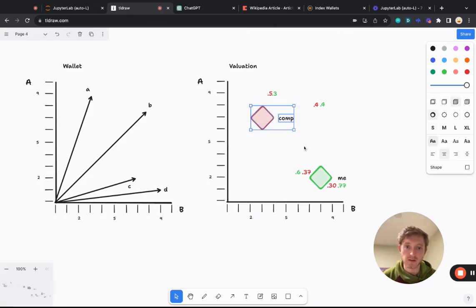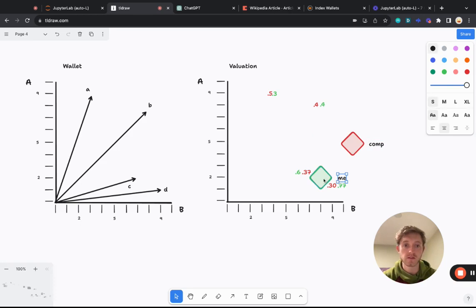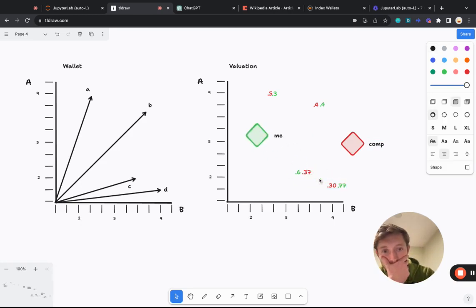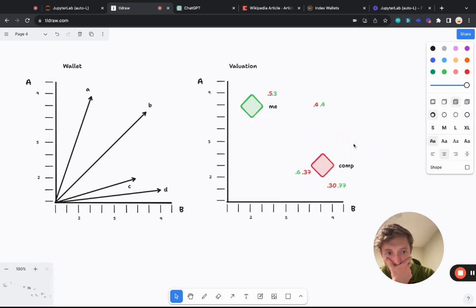So I need to transpose this. So I'm 8, 2. And you are 3, 7. One, 2, 3, higher. 7.